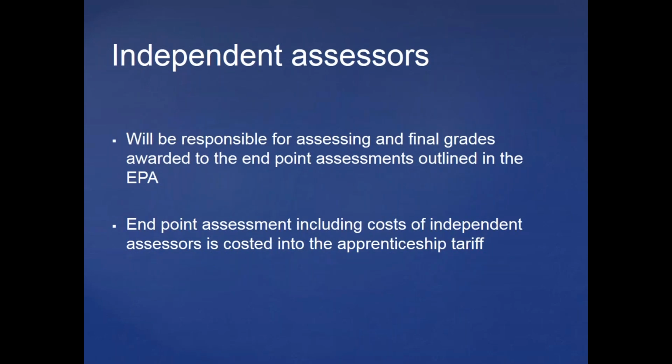And those independent assessors that have been appointed will be responsible for assessing the final grades awarded, as outlined in the EPA. So it is the independent assessor that actually awards the grade of the apprenticeship. And obviously this is an extra cost to universities.